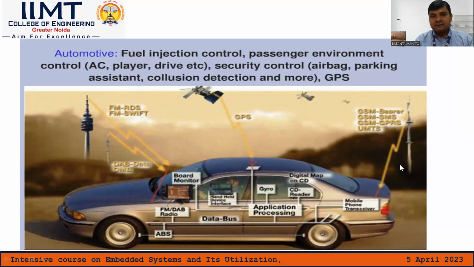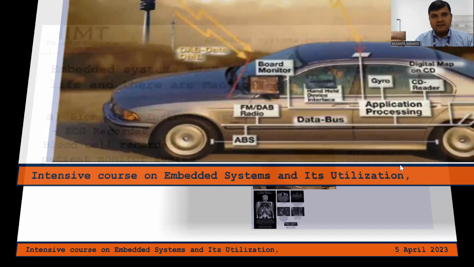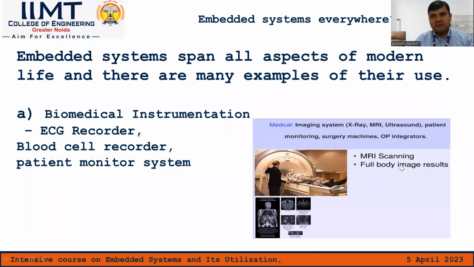Then there is fuel injection control, passenger environment control, AC, power, driver security control, airbags, everything. So these are part of an embedded system. Yes, embedded systems span all aspects of modern life, and there are many examples of their use.